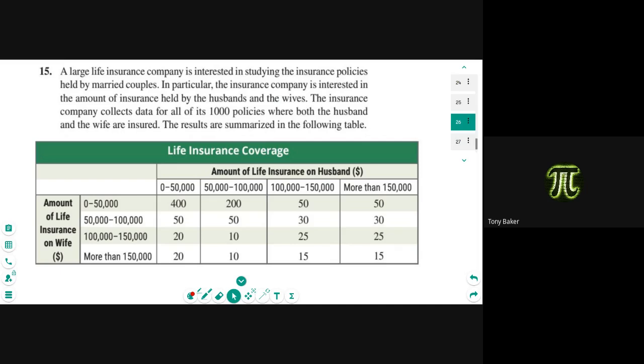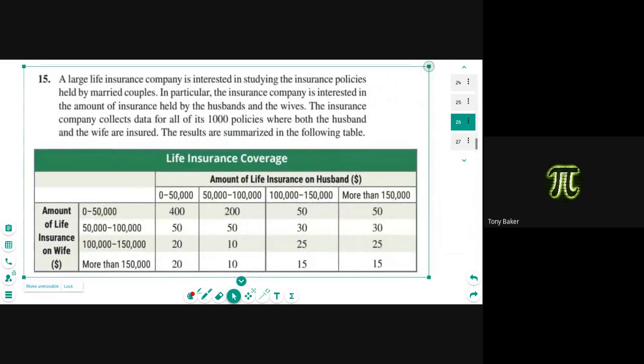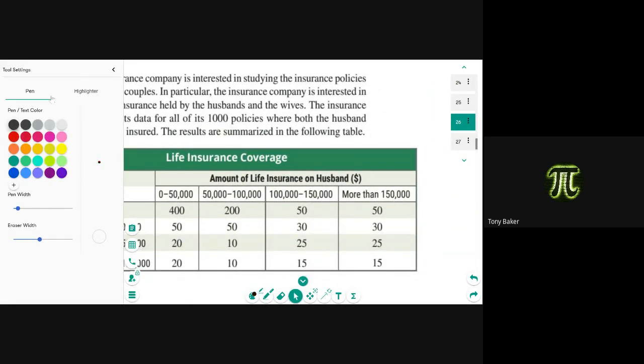So my bottom number is going to be 1,000.